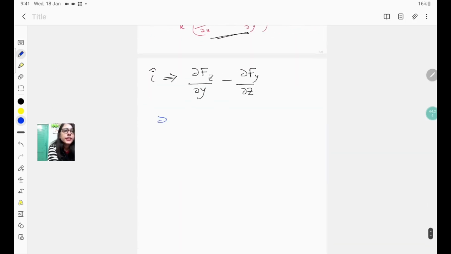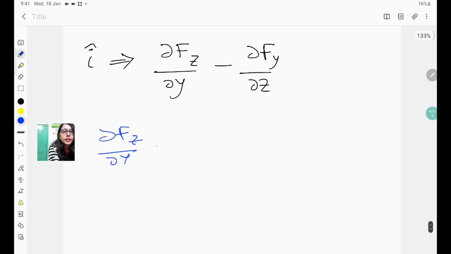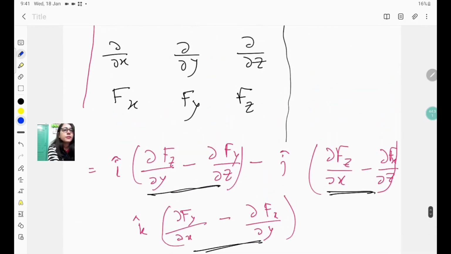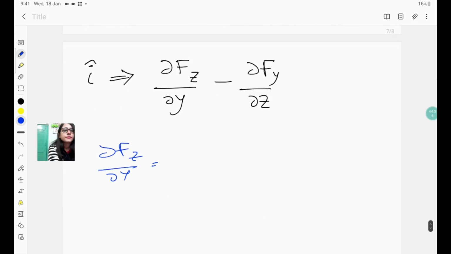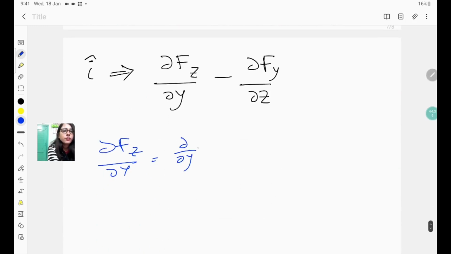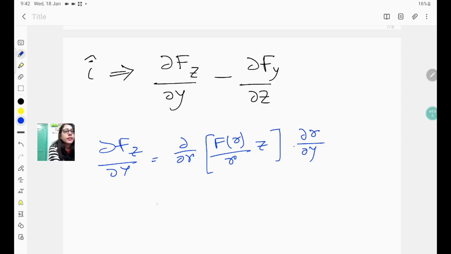So del Fz by del y: Fz is equal to f(r) by r vector into z. So del y of f(r) by r vector into z, we can write as del r of this into del r by del y. Now z does not depend on r, so we can put it outside.